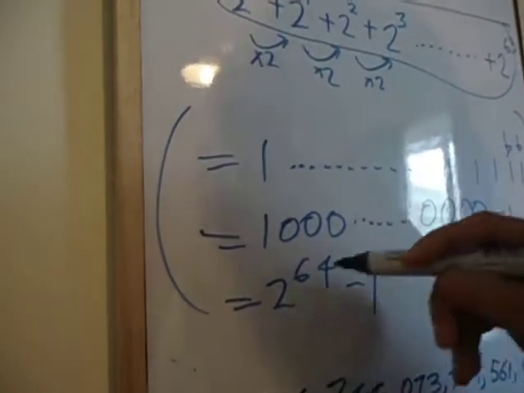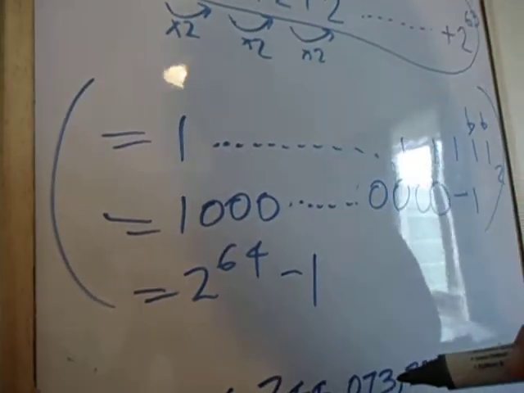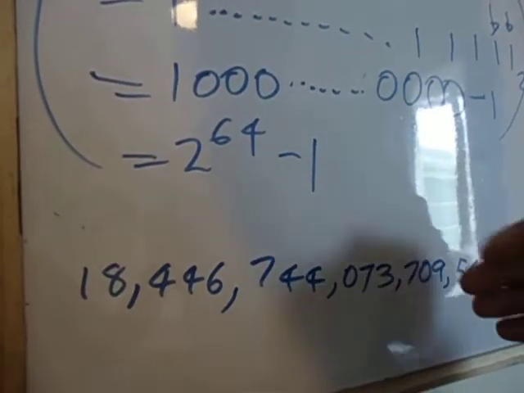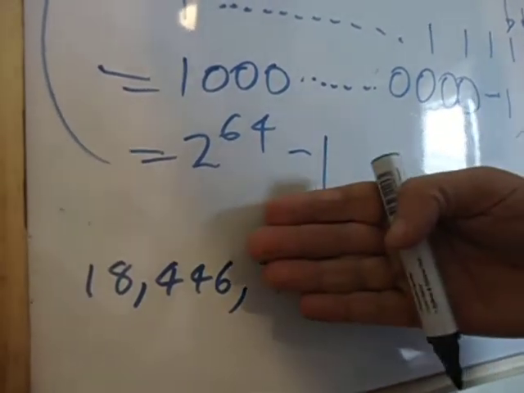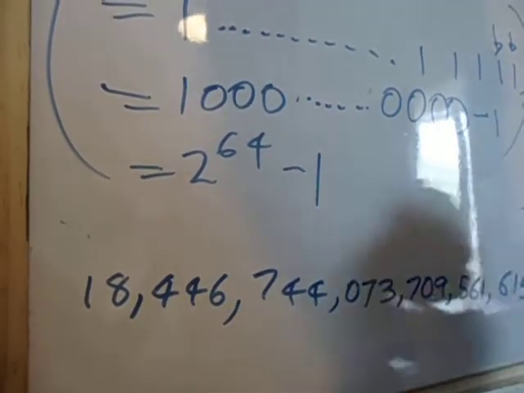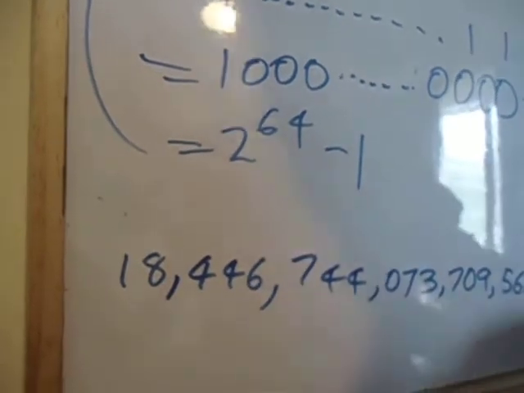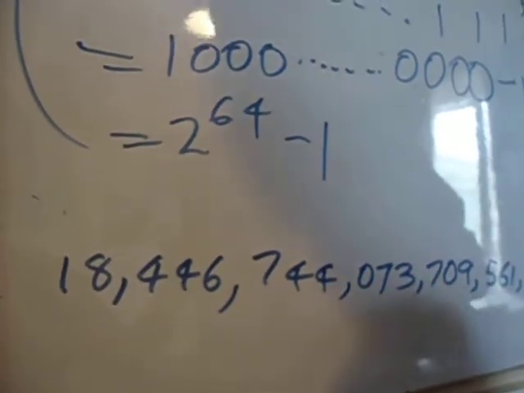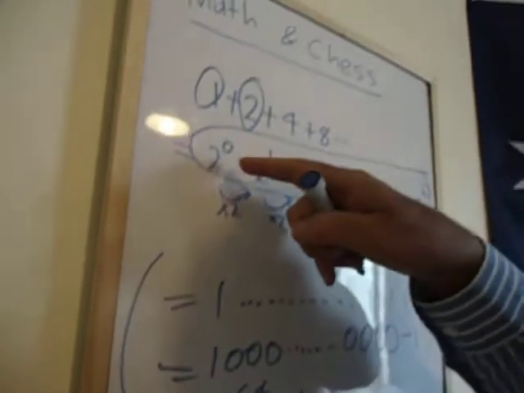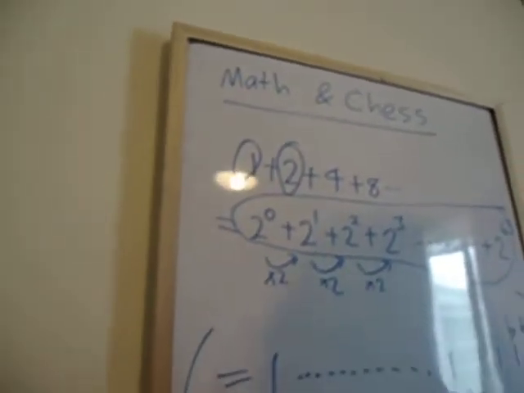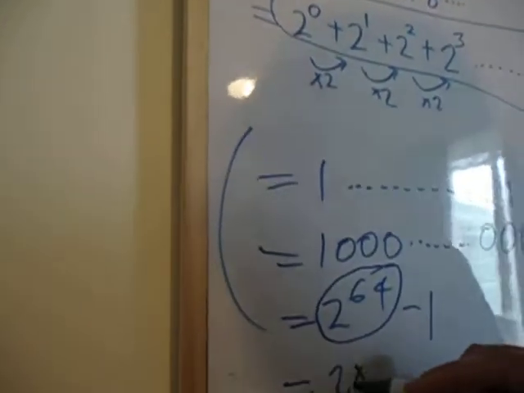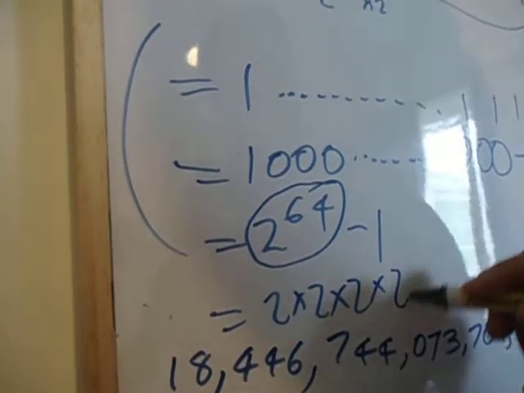Now if you put 2 to the power 64 in your calculator, you probably won't get this, because your calculator only has maybe 8 or 10 or 12, a limited number of digits it can calculate to. But believe me, this is the answer you will get if you sit down and do this calculation. It's actually easier to do this one, which is just 2 multiplied by 2 multiplied by 2 multiplied by 2.